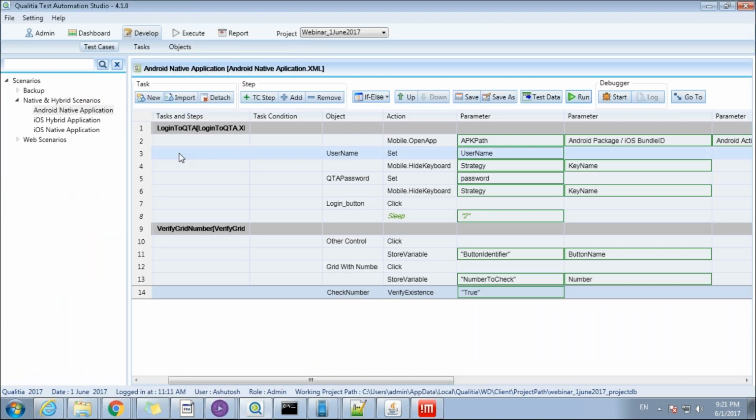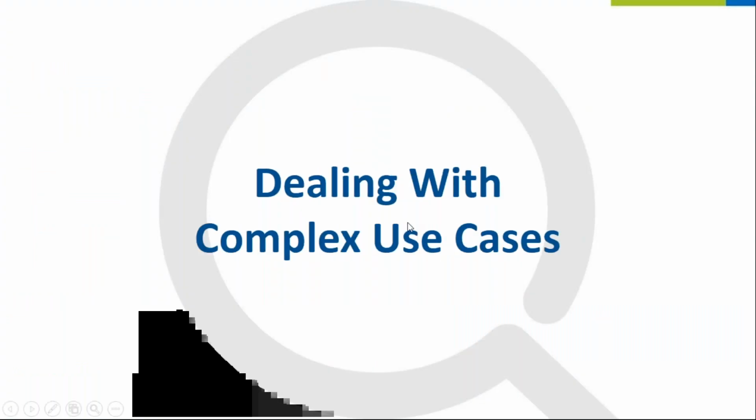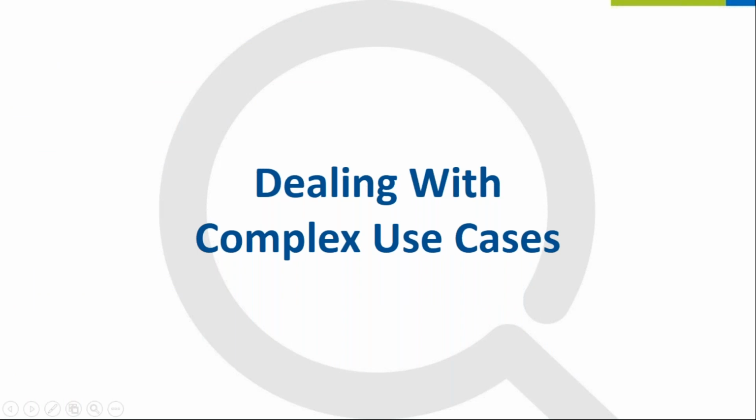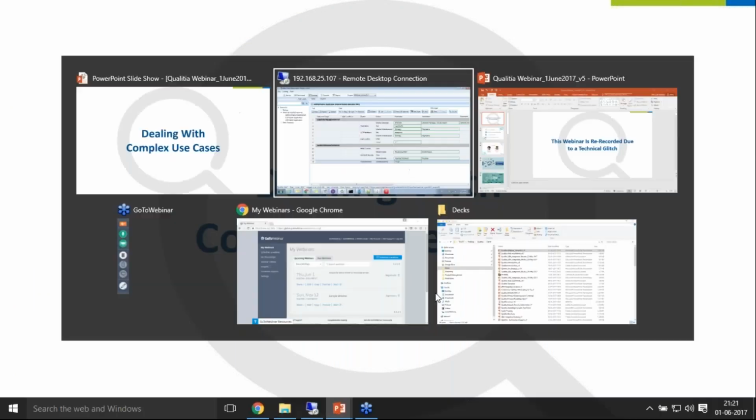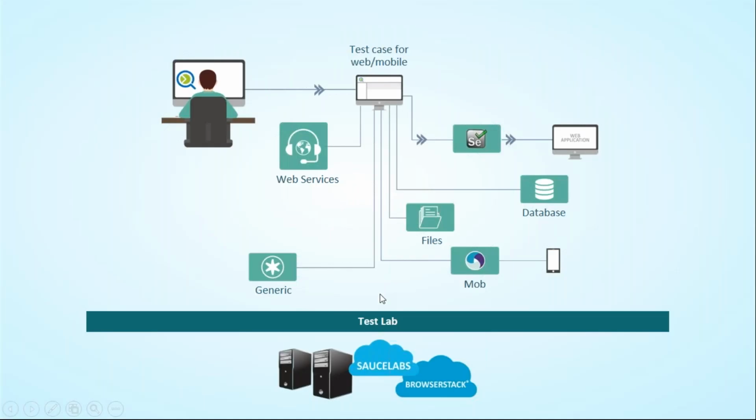Okay, so in the next section, what we are going to do is we'll cover a complex use case, and we will demonstrate how using Qualicia you can deal with such complex use cases. As you already know, Qualicia supports multiple platforms, multiple environments as part of a single test case, right?